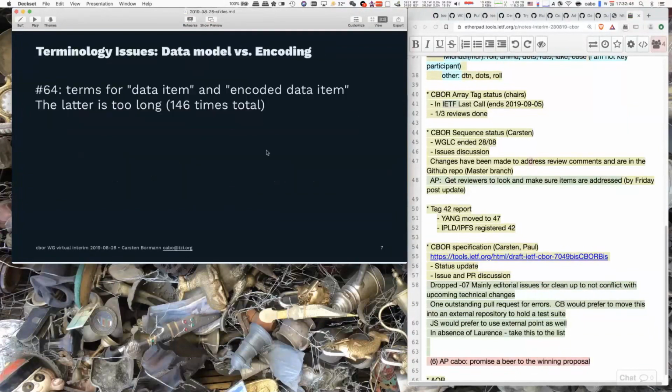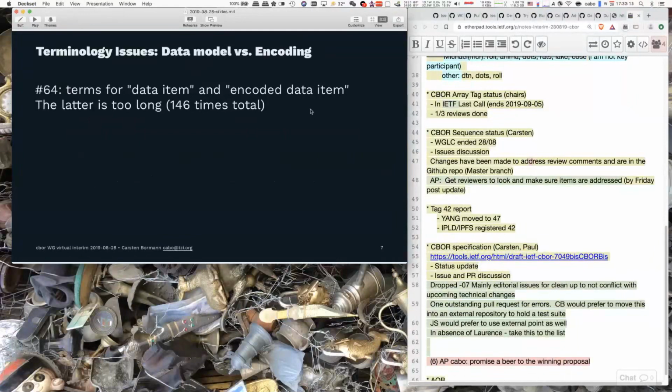So one other terminology issue, we are often talking about data items, and sometimes these are about model level data items, and sometimes these are about encoded data items. And we are doing this 146 times in the document. So we need a little bit of economy of terminology here.